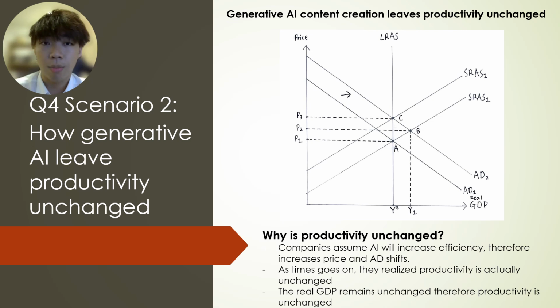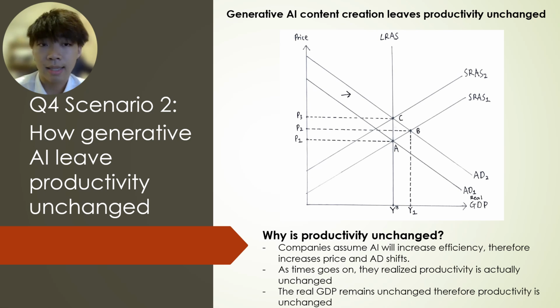The next scenario will be how Gen AI leaves productivity unchanged, meaning that the output of the economy, which is the real GDP, remains unchanged. So the economy starts at point A, where the AD1 curve and SRAS1 curve intersect at a price level of P1 and output level of Y star, which is where the economy is in balance.